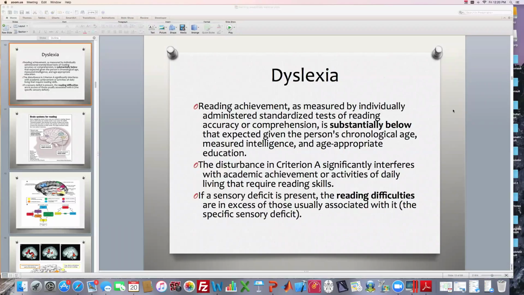The disturbance significantly interferes with academic achievement that requires reading skills. And if a sensory deficit is present, like visual or auditory, the reading difficulties are in excess of that which would be expected from that sensory deficit.